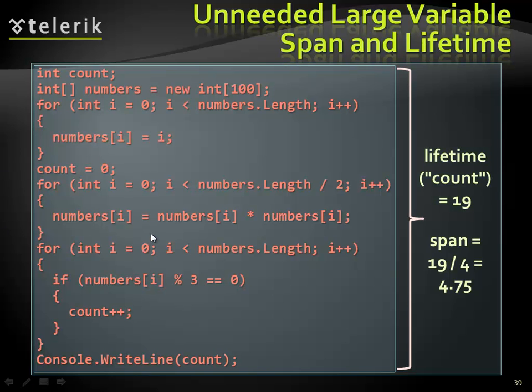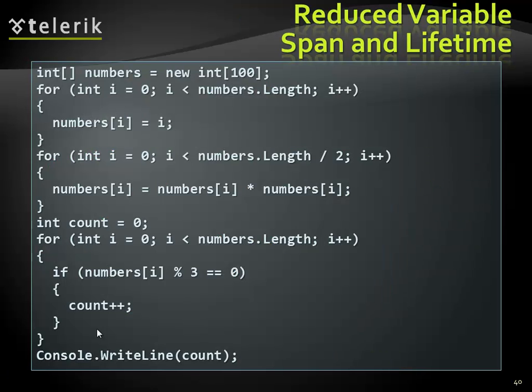In many cases this is okay, this code is acceptable, but once you start putting variables and then addressing them in far down lines, it could reduce the readability, and also it's better practice to keep it tight. So for example, we're declaring it down here and we're using it only in this part of the code, and in that way we're keeping it more tight to where it's needed. Of course, in many cases, for example, these numbers are used here and here and here and all the way down, but take your span of where you're using your variables as tight as possible. That will be better.